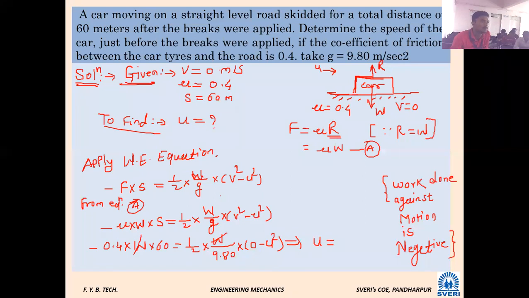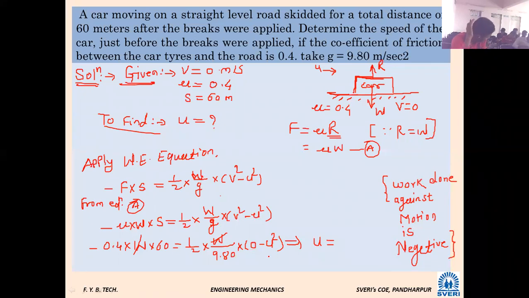So what you have to do? 0.4, forget about the sign now. This minus U square is there here, and this minus is going to become plus again. Both sides will become plus. So simply you have to take the square root of 0.4 into 60 into 2 into 9.80. What is that?